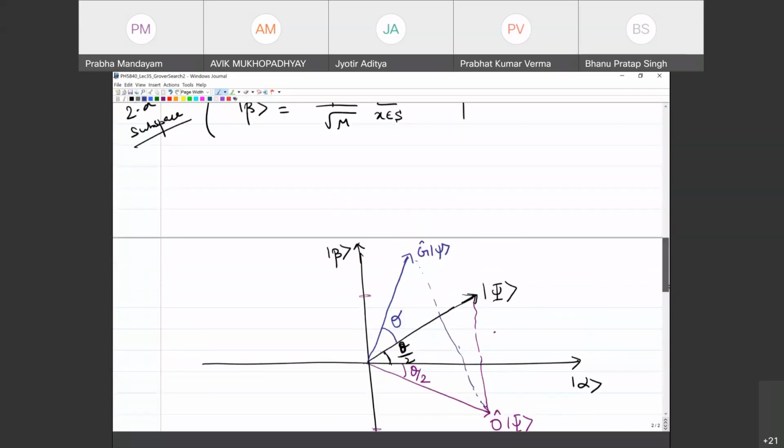Because remember, G is this operator, which is first oracle followed by, I'm just going to write it in this form now, twice projection on psi minus identity, right? Remember, this is the Grover iterate.